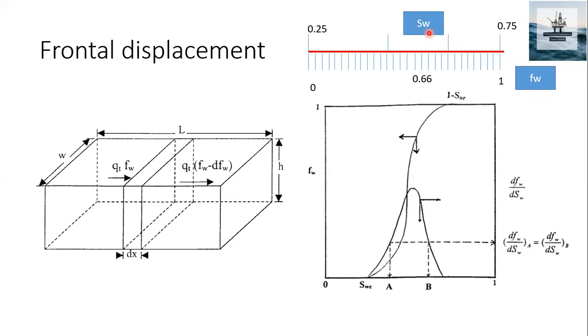Everyone knows SW is the saturation of water present inside the reservoir pore volume. It will start with connate water saturation, which is not zero. It could be anywhere near 0.25, 0.3, depending on the reservoir wetting characteristics. If it is water wet, connate water saturation will be more. If it is oil wet, it will be less. I just gave an ideal value, 0.25, which is not zero.